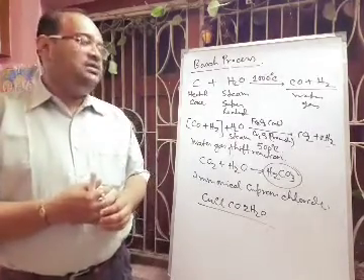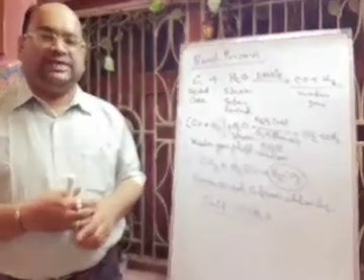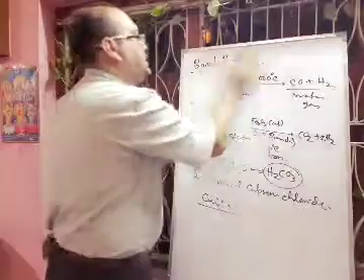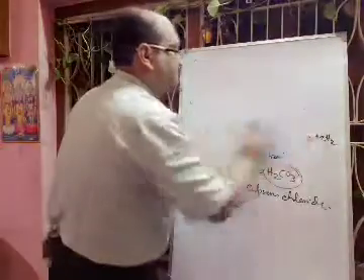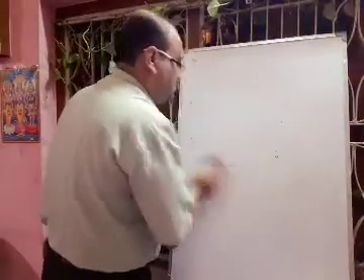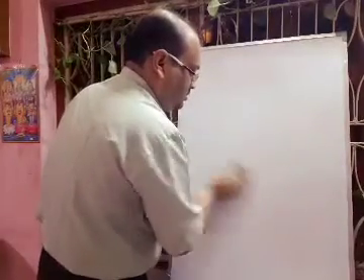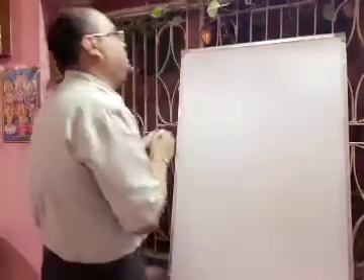Next, there is another hydrogen gas preparation. I think this is not given in your book. It is generally done from natural gas. Natural gas, all of you know, means petroleum gases, that is methane, CH4.